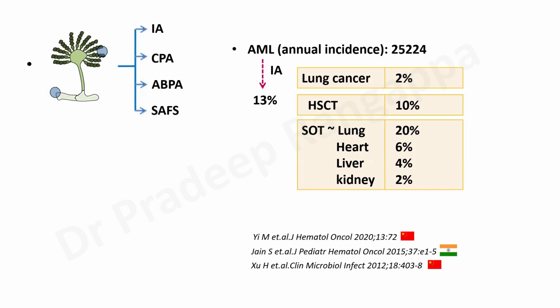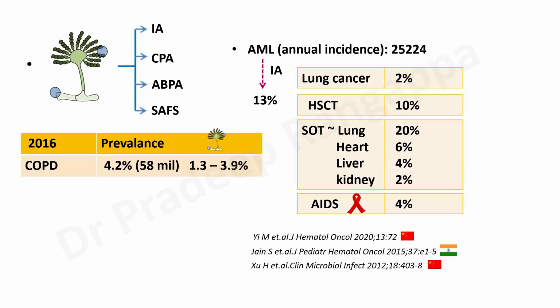That is something we need to keep in mind. So with lung infiltrates in a patient at risk of developing mold infection, aspergillosis should come to the top of your mind. In AIDS patients, around 4% had aspergillosis. This is again Indian data, which is good to see. As I said, all these are 2016 data.